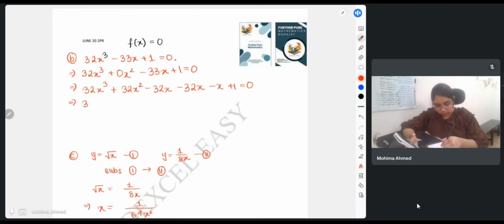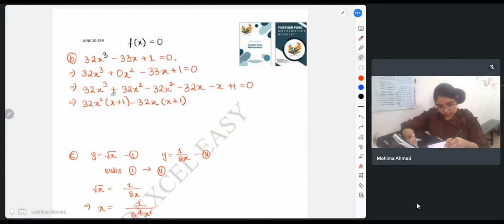Right, so we can take 32x² common, x plus 1, and then minus 32x common.